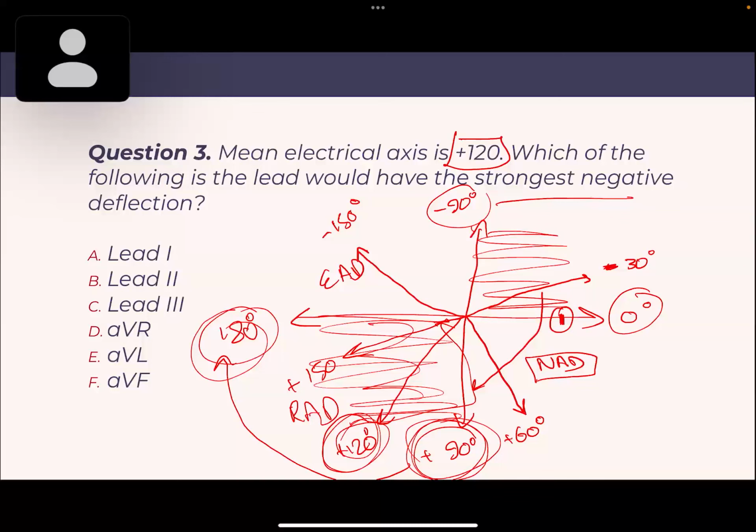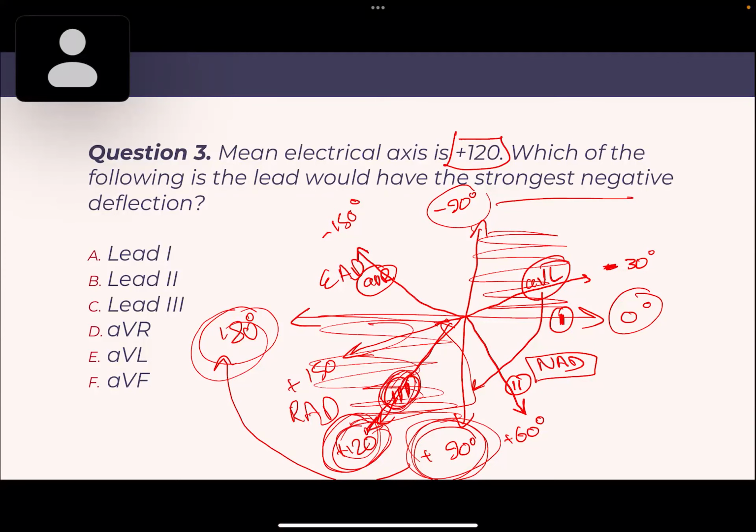And then at positive 60, we have lead 2, and then skip 90, and then at positive 120, you have lead 3, and then you have lead AVR at negative 150, and lastly, you have AVL. So they're saying that the cardiac axis is facing positive 120, meaning it's lead 3.